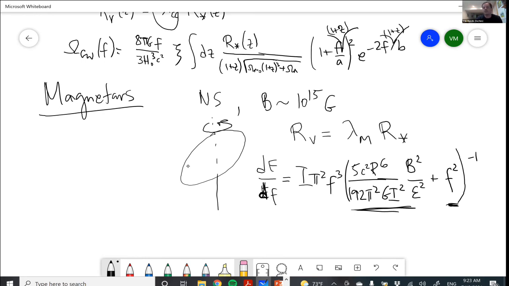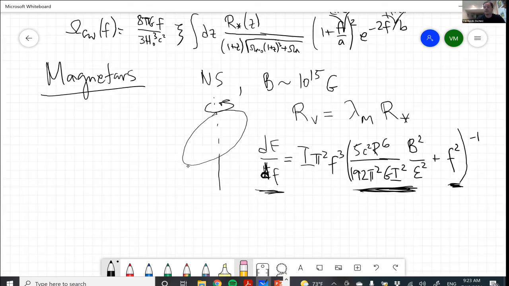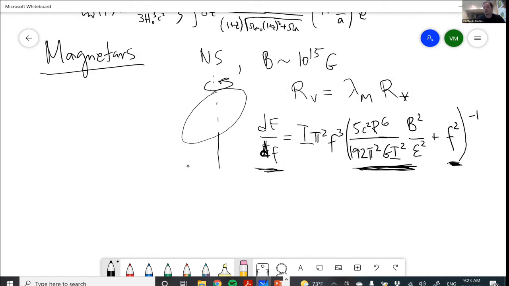So this is basically telling us how the two contributors, the electromagnetic emission and the gravitational wave emission, are causing the acceleration of this object, which in turn results in the emitted gravitational wave energy. The I here is the moment of inertia of the star.